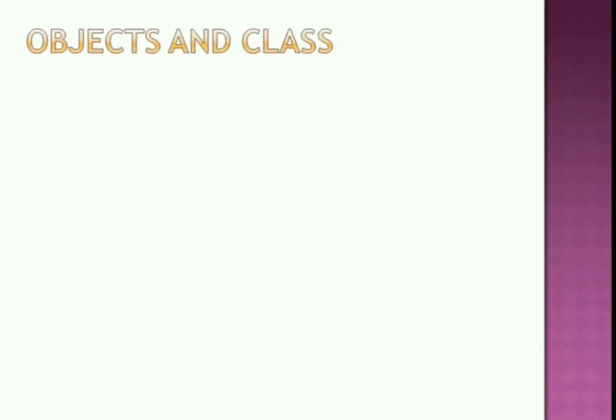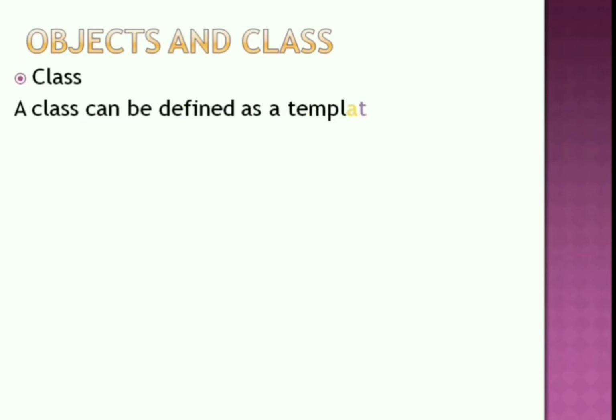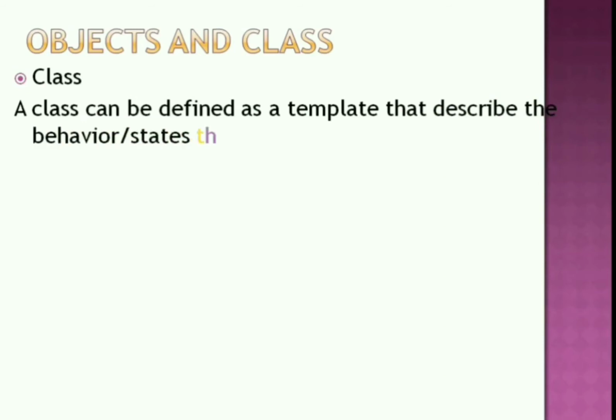More about object and class. More definition about class, and what the structure of the class is, we will see in this portion. A class can be defined as a template that describes the behavior and states that objects of its type support.